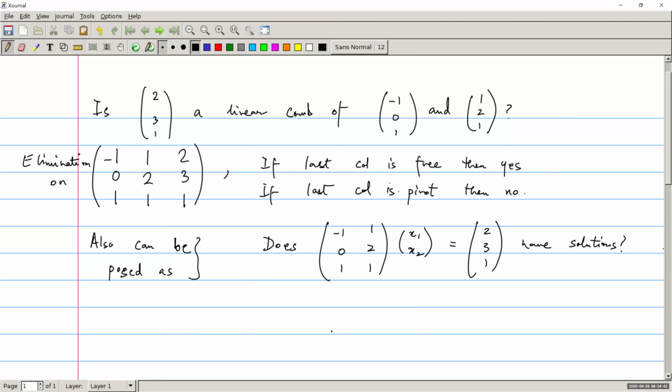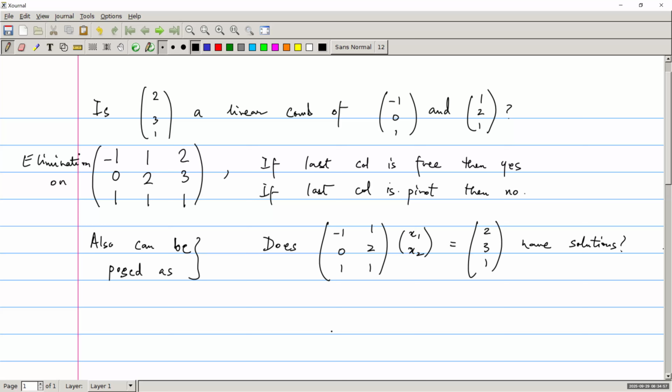Okay, and if you want to know exactly how the last column can be written as a linear combination of the previous columns, then you would run elimination.